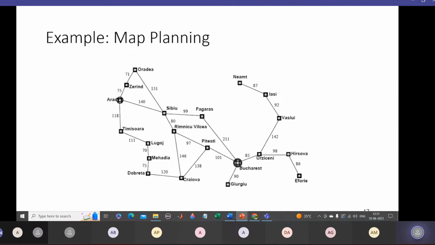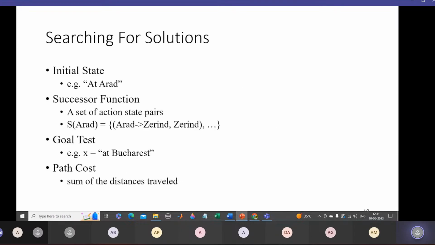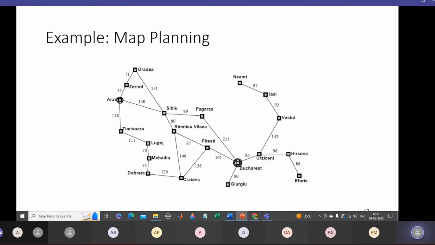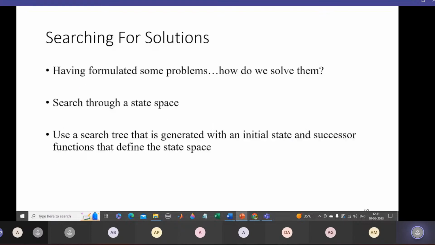So what are the different possibilities? What could be the successor function? From there, where will you go next? When you consider the path cost, you go by the route that has the lower rate, the lower charge. That could be the solution. You can take kilometre ranges, or cost, or time. This is map planning. Okay, examples.